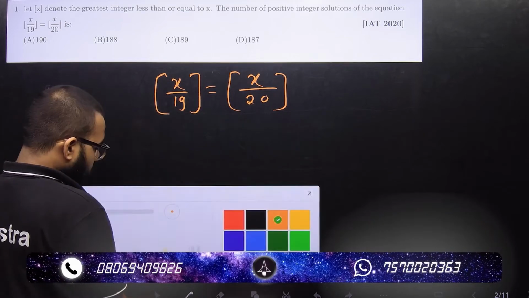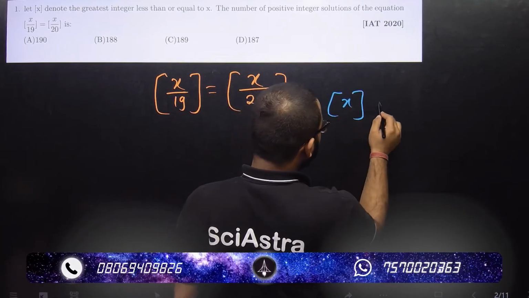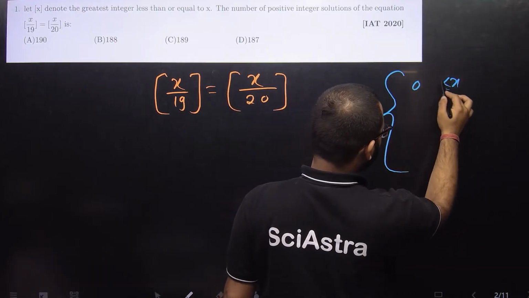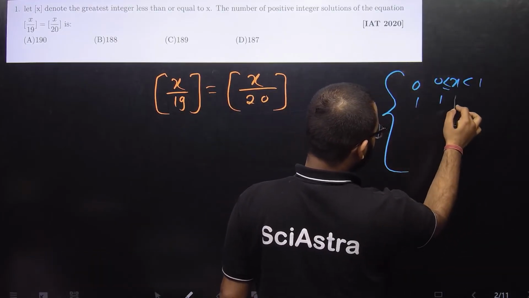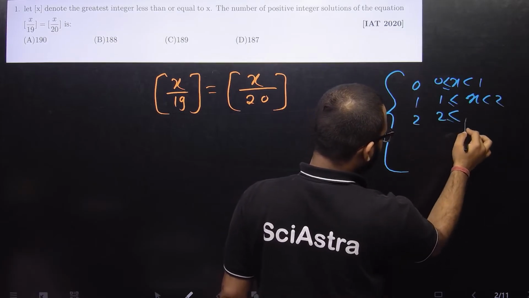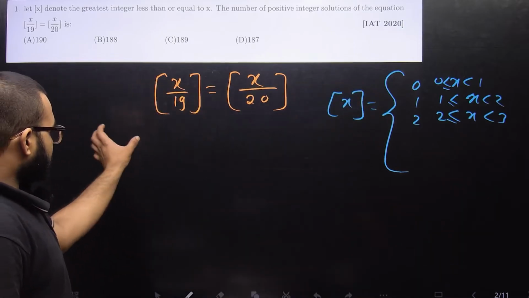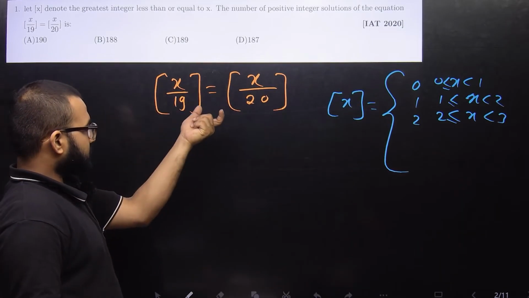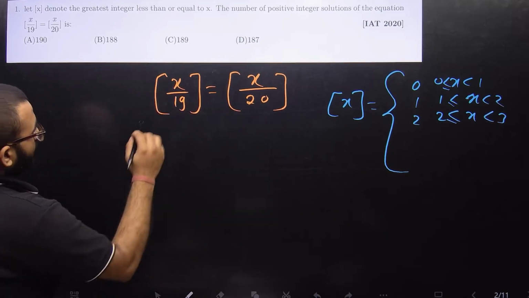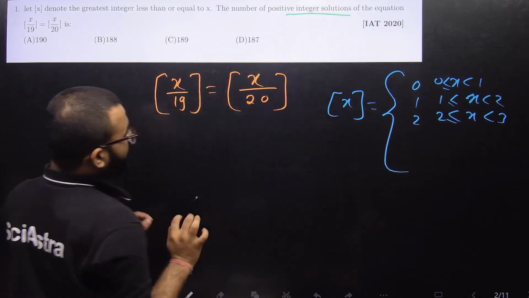We know the function floor x takes only integral values, like 0 when x goes from 0 to open 1, 1 when x goes from 1 to open 2, and 2 when x goes from 2 to open 3. Okay. So let's discuss when this function and this function take equal values. We only have to find positive integral solutions.